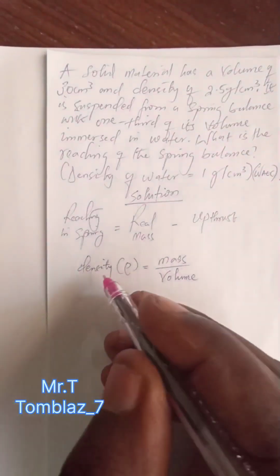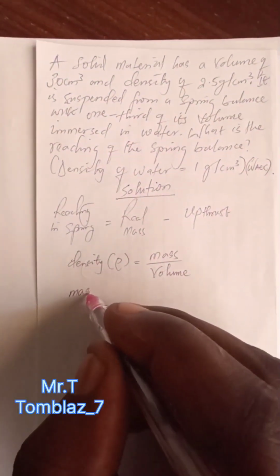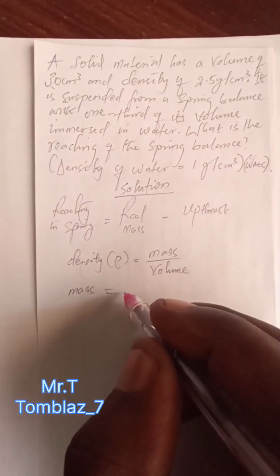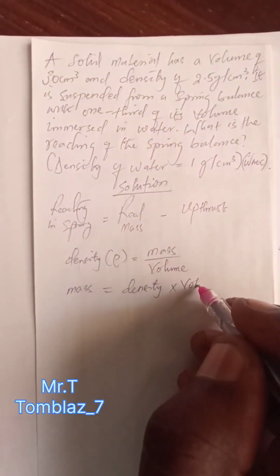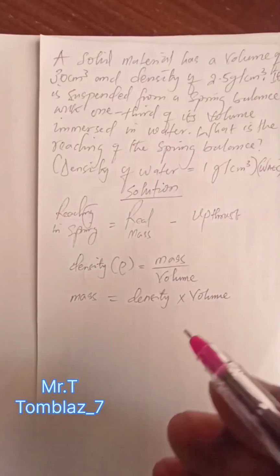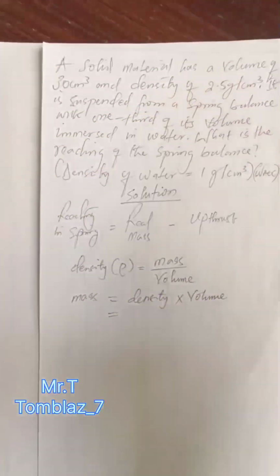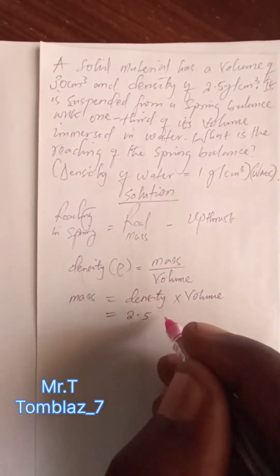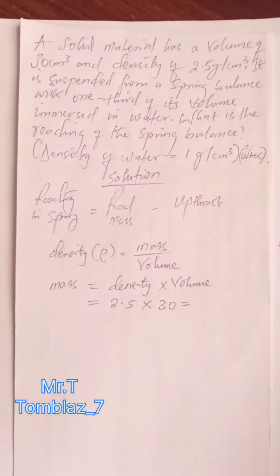So if you substitute the values, we're going to get the mass. Mass is equal to density times volume. So this is going to be density 2.5, volume 30. Let's multiply the values.